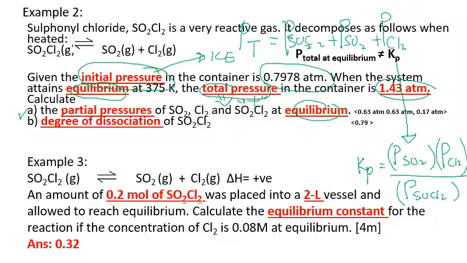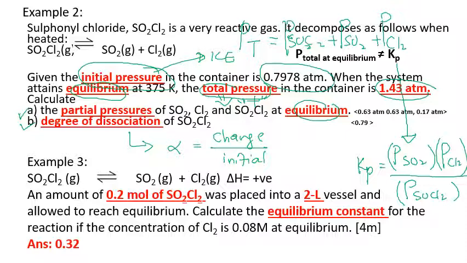So we have another characteristic to support us to use an ICE table. Question B asks for the degree of dissociation. The formula for degree of dissociation is change over initial. So again, this supports us to use an ICE table to solve this problem.